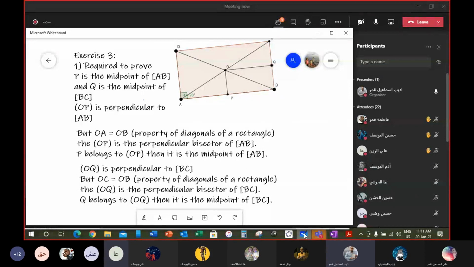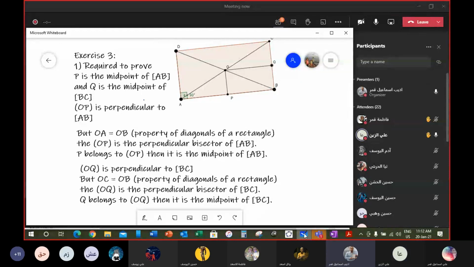Sir, the diagonals are equal in the rectangle. So OA equals OB, so it is an isosceles triangle, property of diagonals of a rectangle. The height in an isosceles triangle is the perpendicular bisector. Very good.